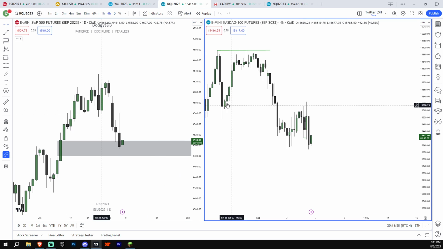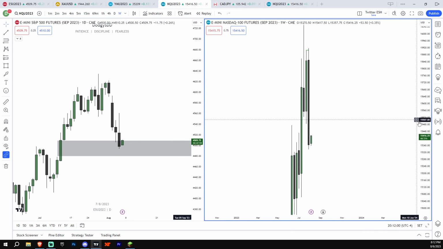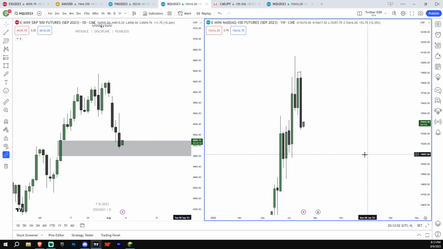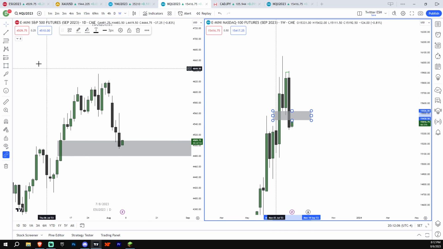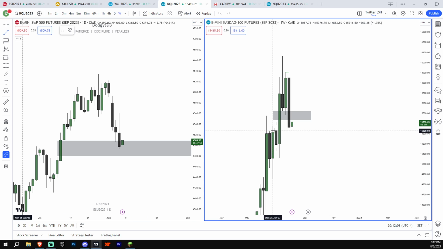On weekly NQ, you buy the fair value gap. Whenever there's a fair value gap and an order block combined like this, I call this slippage. So it's kind of like a PD array clump.